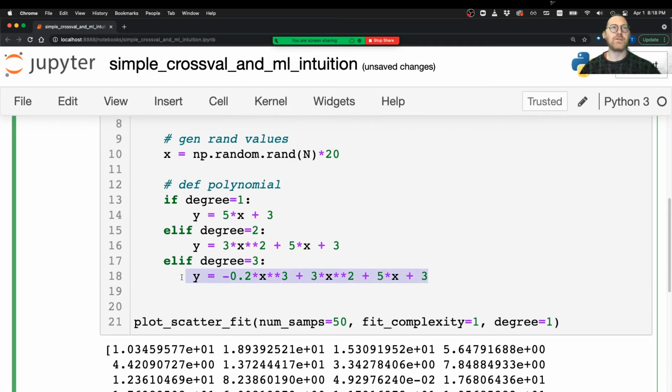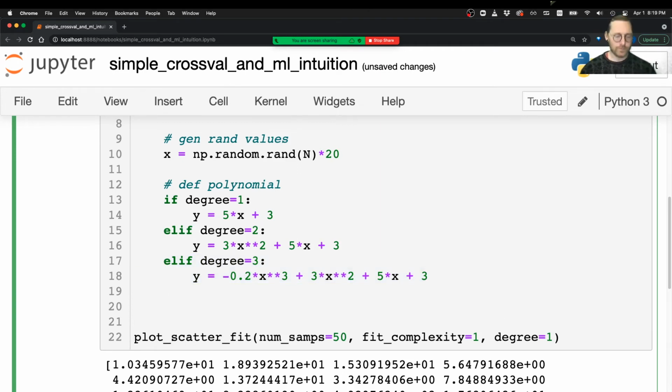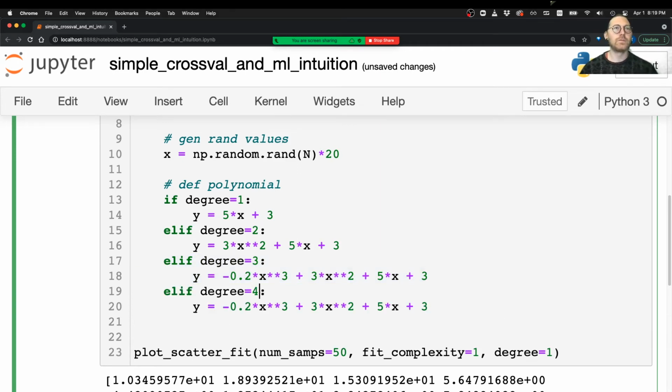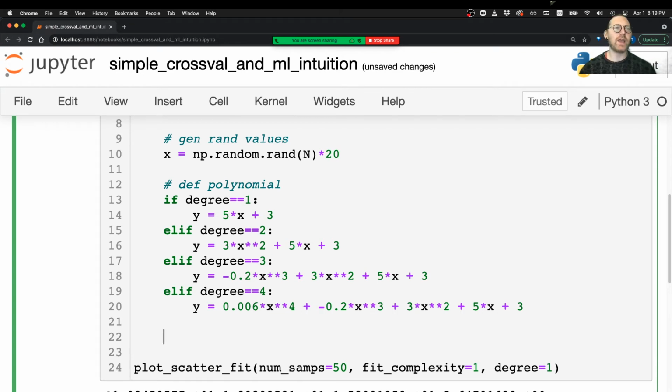And then if the degree is 4, oh, I only have a single equals here. Classic error right there. This is going to be 0.006 x to the fourth. And now if we were to print y, we could see that we have these values of y.